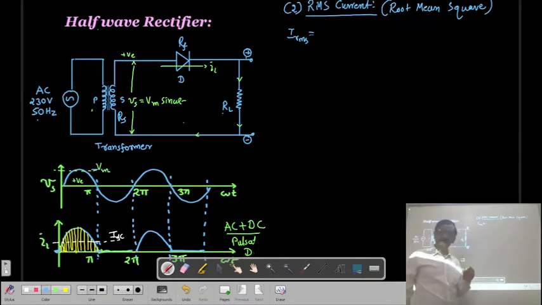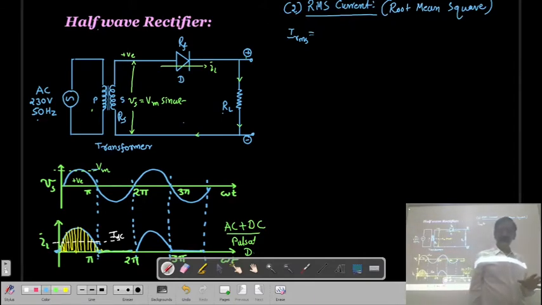The RMS value indicates the power being dissipated, and that power does not follow the waveform. Even if the value of the current is increasing, it doesn't mean the power dissipation keeps increasing, and if the current is decreasing, it doesn't mean the power is also decreasing.